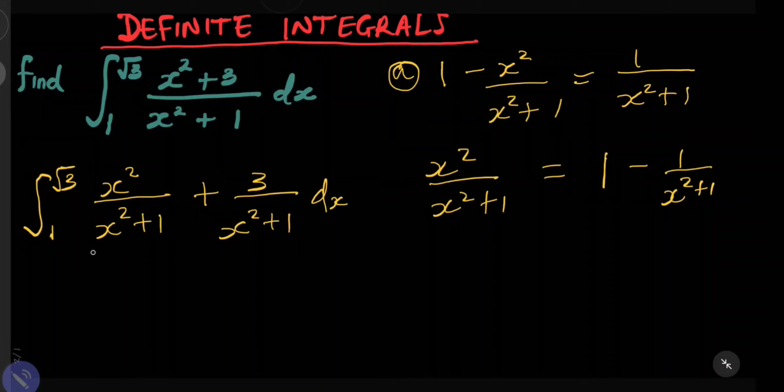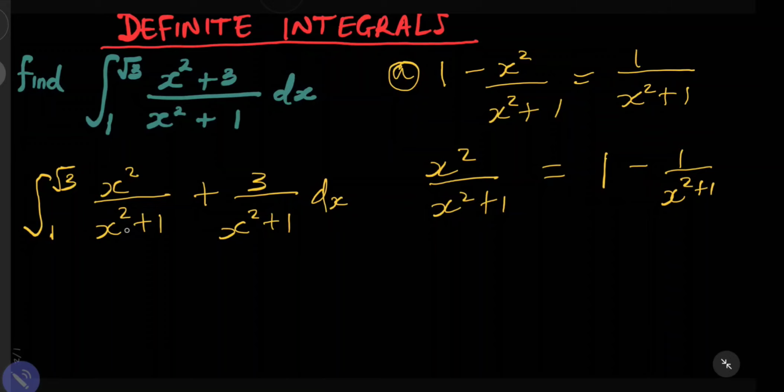Let me recap. We are going to rewrite this term, and that's because we want our numerator to be a constant. So to rewrite it, I said there are two methods. The first one is to subtract this from 1, and that's because this term is less than 1, and we know it's less than 1 because the denominator is the numerator plus 1.